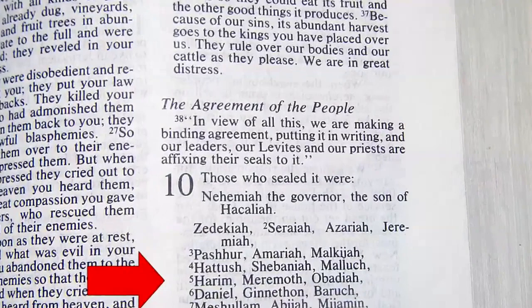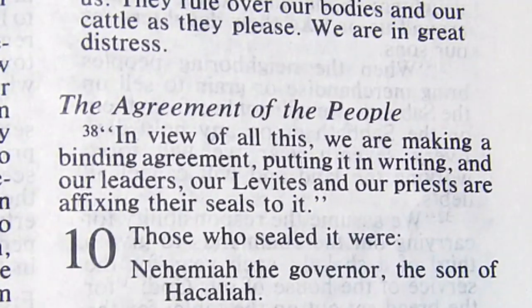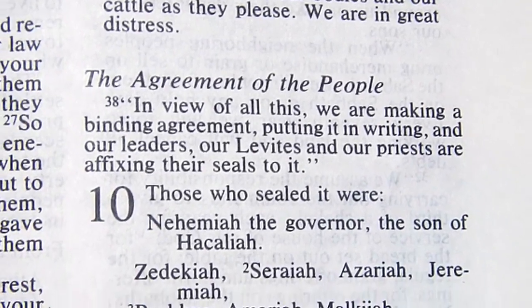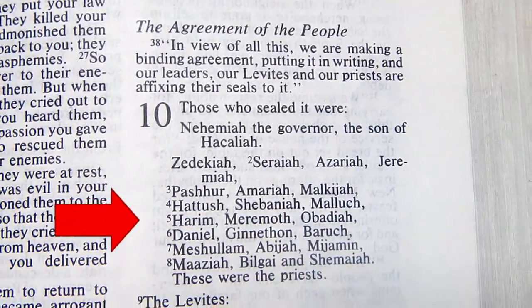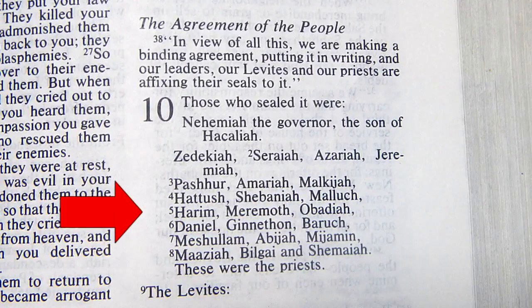Here we are, and just for a little bit of context, I'll read a part of it. In view of all of this, we are making a binding agreement, putting it in writing, and our leaders and our Levites and our priests are affixing their seals to it. Those who sealed it were, and then here is the list of names. So that's, in a nutshell, what indentations reference by the discretion of the translators.